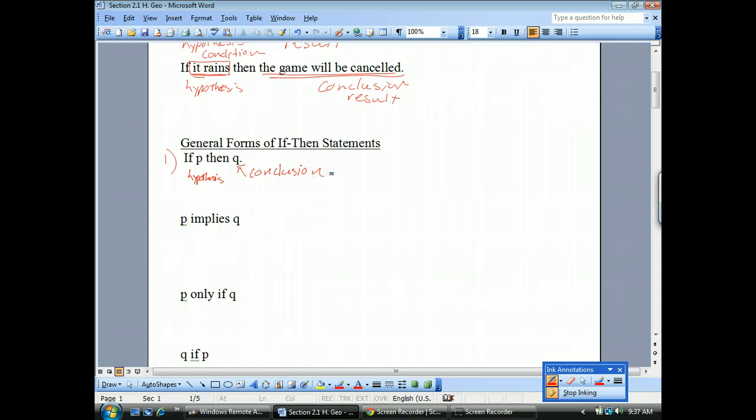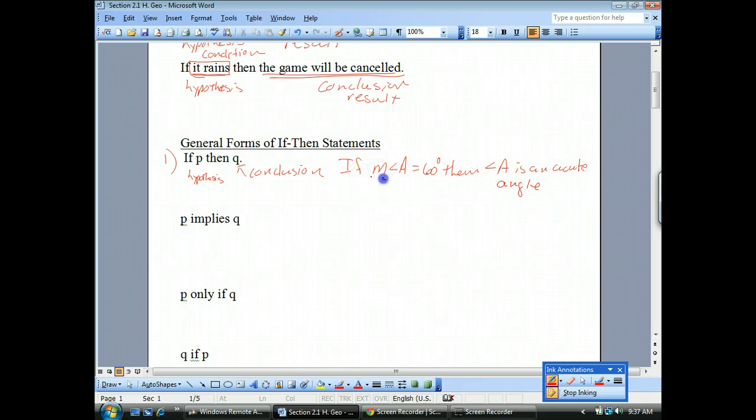An example of that in geometry would be: if measure of angle A equals 60 degrees, then angle A is an acute angle.